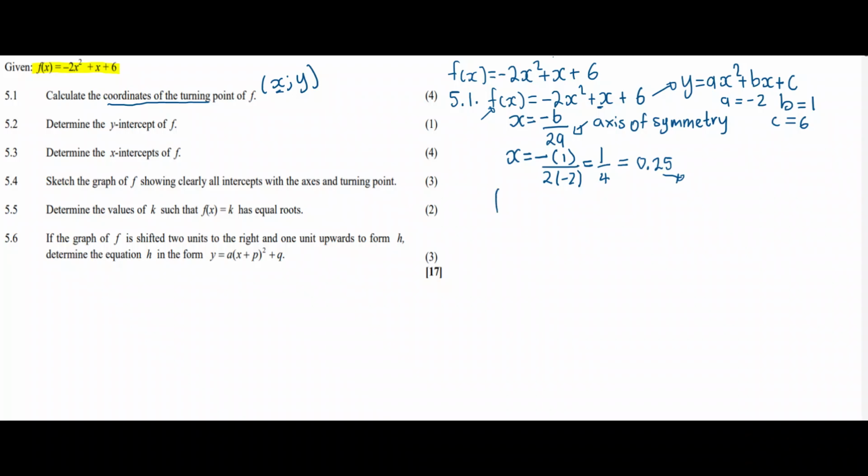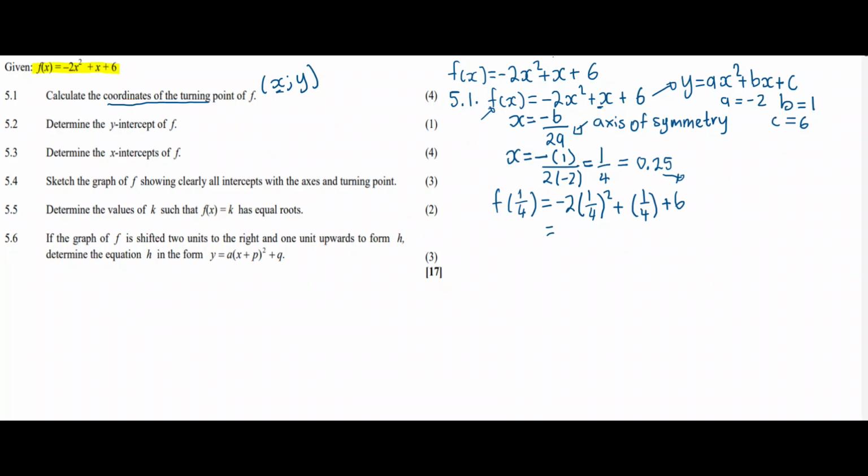To get the y value, we substitute this value of x into the original function to get the corresponding y value. So we say f of 1 over 4. Just plug in 1 over 4 as x into the whole equation: 1 over 4 squared, plus 1 over 4, plus 6.